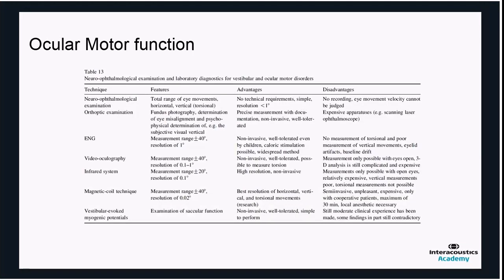Again, the oculomotor function very much sits within the video nystagmography assessment, as this can give us some very non-invasive, well-defined and easily quantifiable eye measurements to allow us to further identify any changes that we may see present.